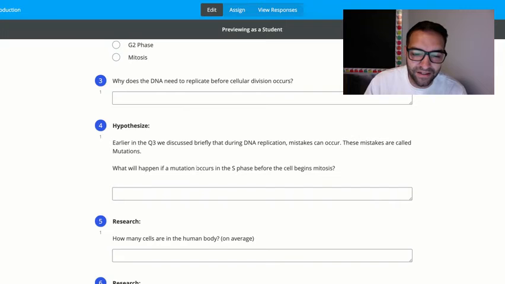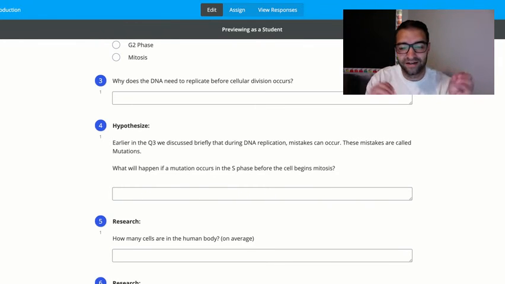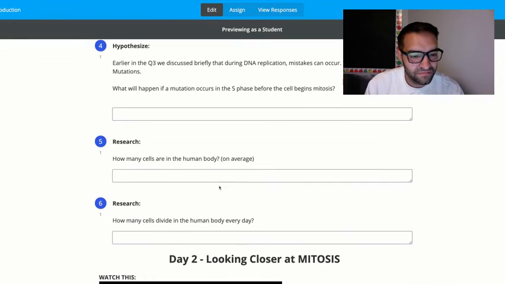But what will happen if a mutation occurs in the S phase before the cell begins mitosis? I'm hoping we're trying to make connections to some of our previous learning, and then hopefully making a more educated hypothesis on what might happen.